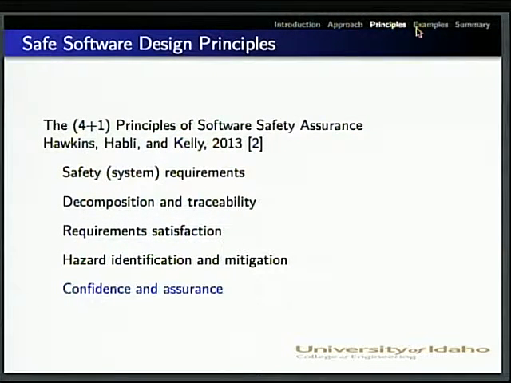And the last one, and that's the reason they call it a 4+1, is what is called confidence and assurance. And this one pretty much is all of the above. When you do all of the above, you need to make sure that for each of those analyses that you made, for example, the hazard analysis or testing, if we're applying these principles to security, you need to be sure that you have a strong assurance case.